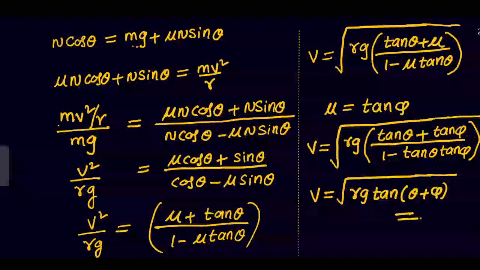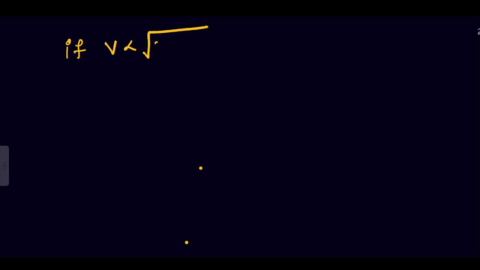So if v is less than the square root of Rg into tan theta, in this case friction is inside.